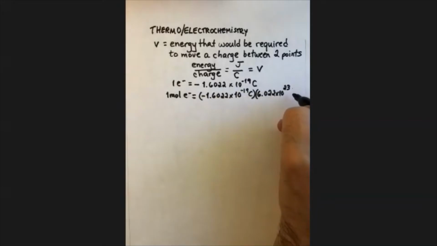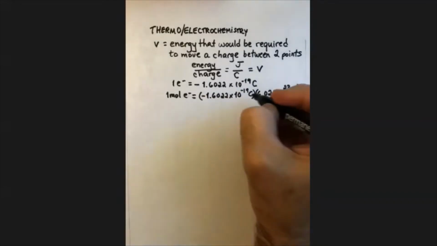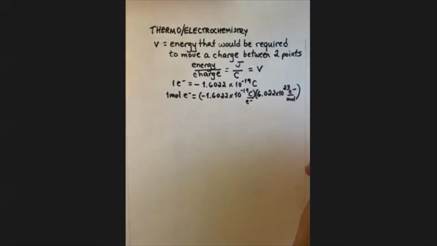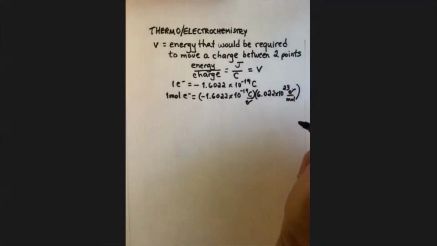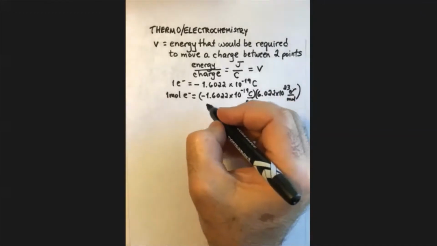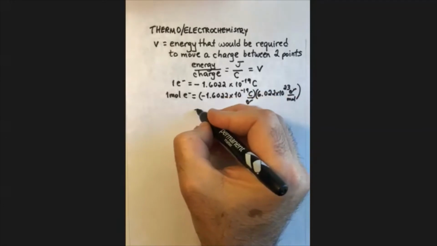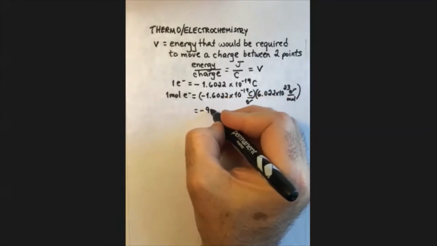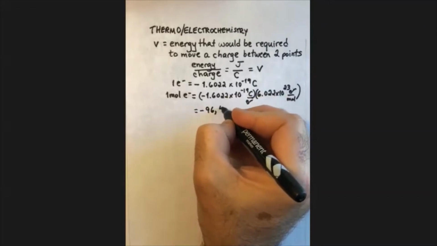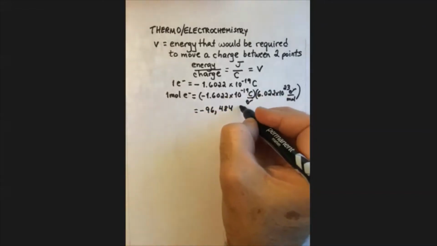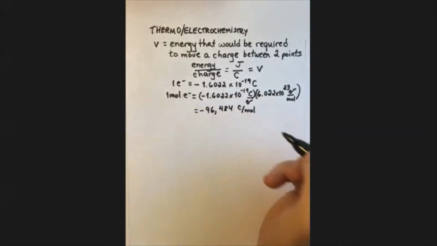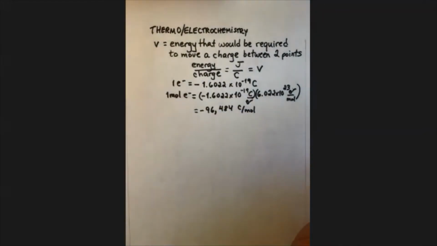And that would be essentially electrons per mole. And this would be coulombs per electron. So those will cancel out. And for the sake of illustration, let's say that this is going to be minus 96,484 coulombs per mole of electrons.